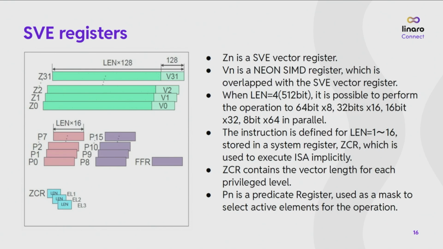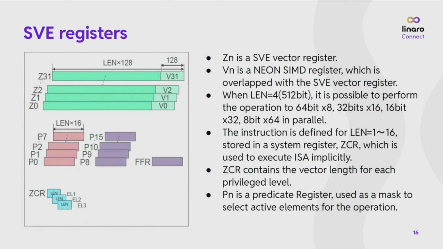The lower 128 bits are shared with the NEON instruction set, which means that you can mix NEON and SVE code. You can access the lower 128 bits of the vector registers using the NEON instruction set, and then you can use the full vector capacity by accessing it using the SVE instruction set.